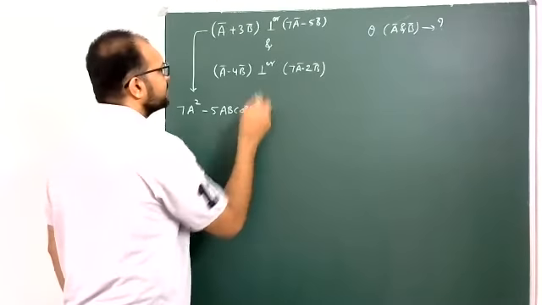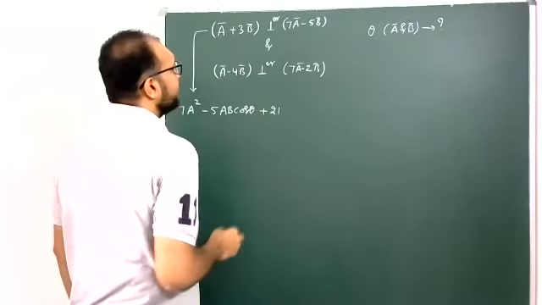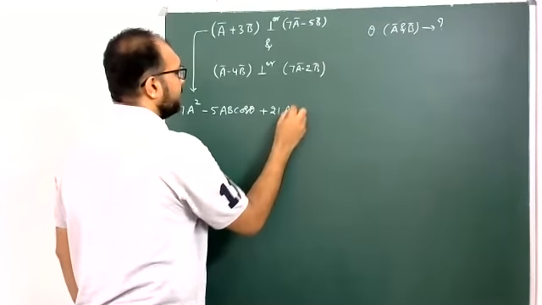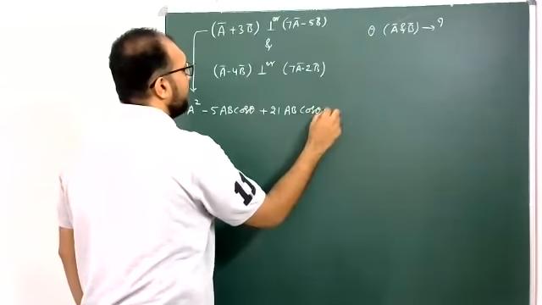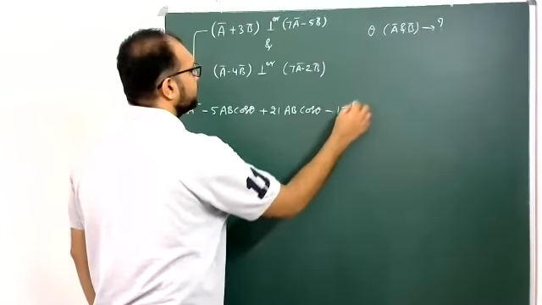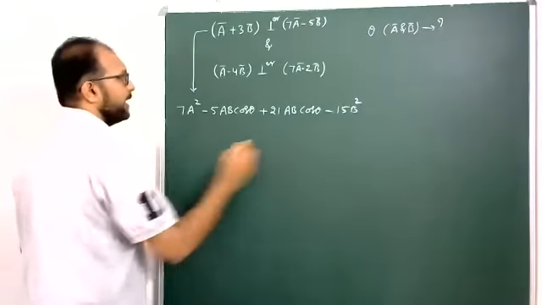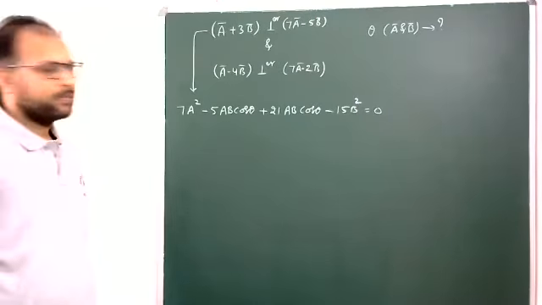Then next, plus 7 into 3, 21, again AB cos theta, minus 15B square equal to 0, because the dot product is 0.